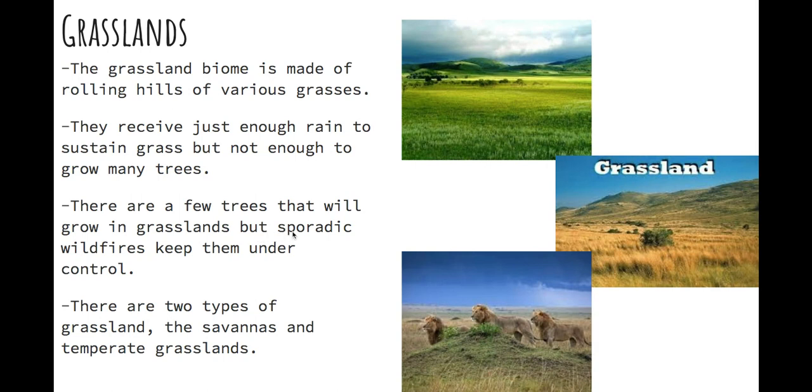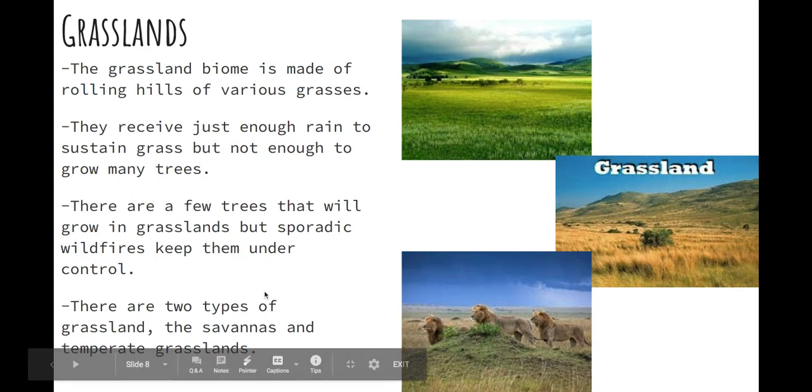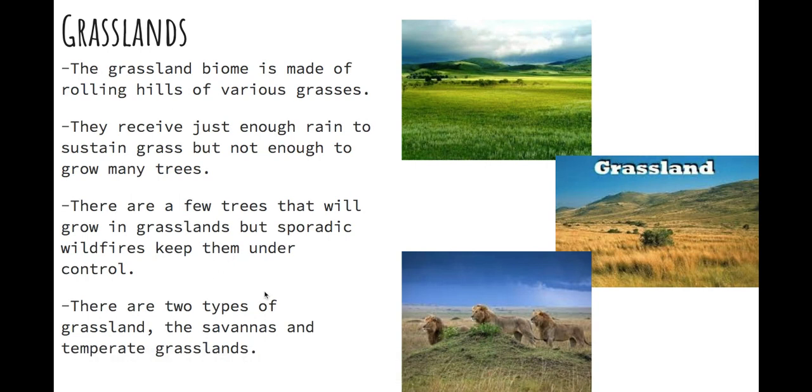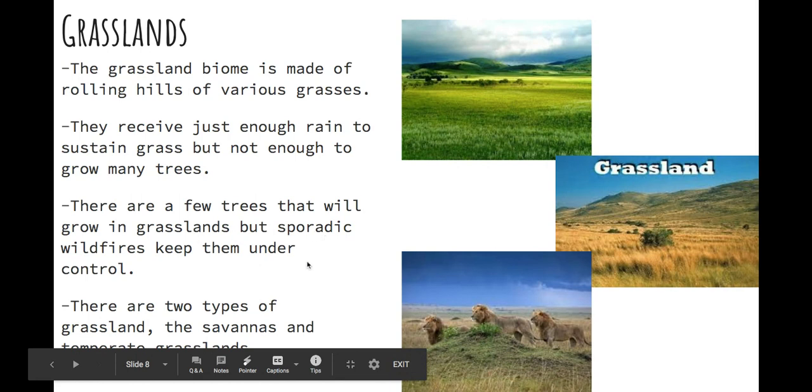There are a few trees that will grow in the grasslands, but they're sporadic. Wildfires keep them under control. So sporadic just means that it happens at different times. There's not really a pattern. There are two different types of grasslands, the savannas and the temperate grasslands.